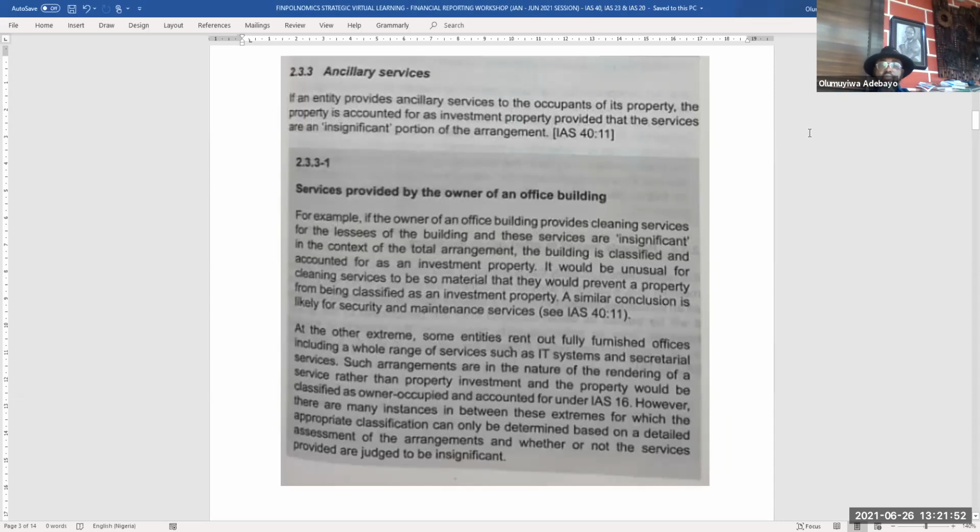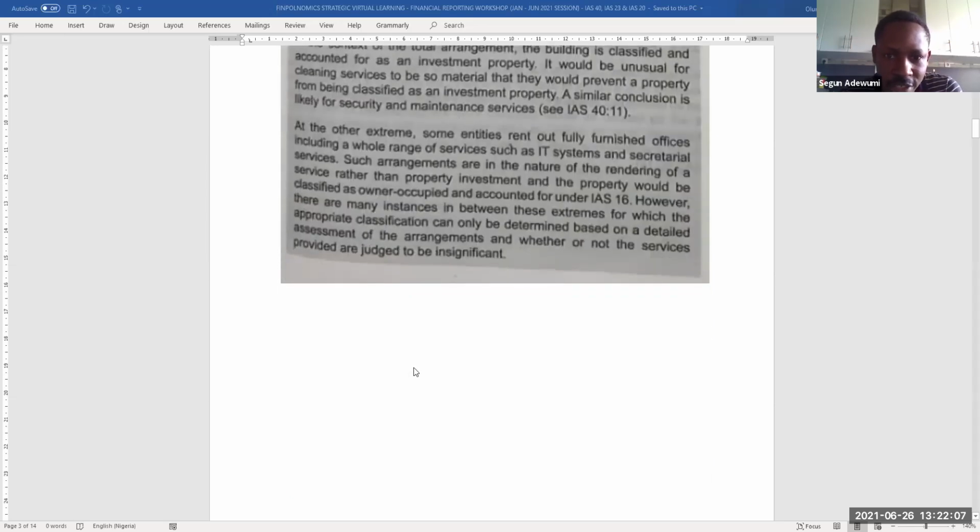Ancillary services. If an entity provides ancillary services to the occupants of its property, the property is accounted for as investment property, provided that the services are an insignificant portion of the arrangement.